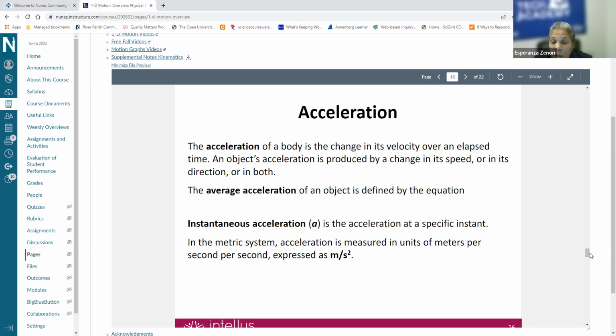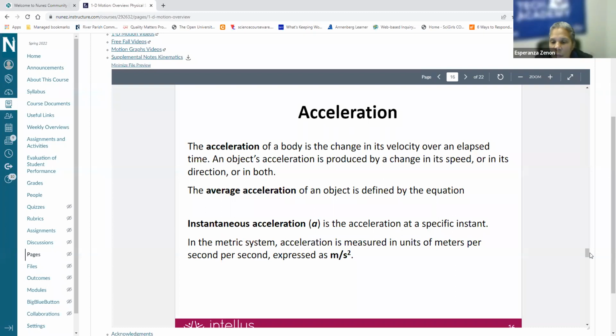But an object can also change its direction and produce an acceleration. We'll see that when we talk about circular motion. That's the easiest scenario where an object is changing its direction and thereby accelerating.